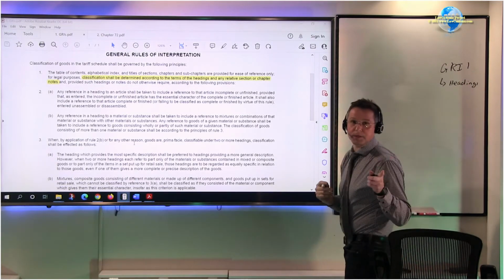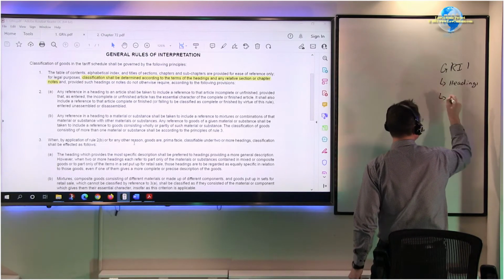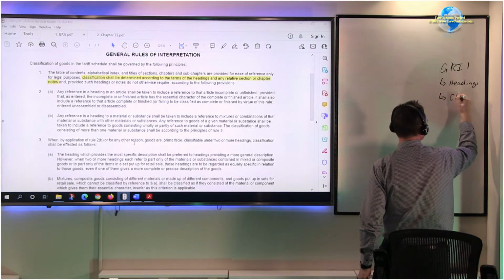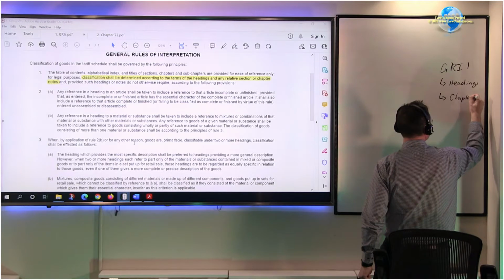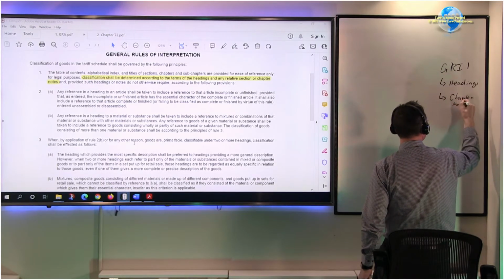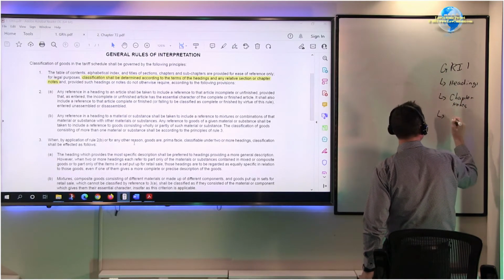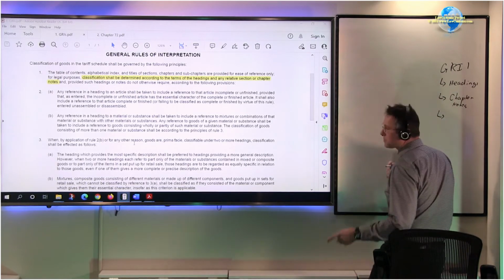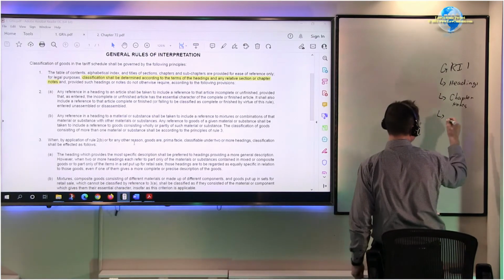Then if that doesn't get resolved, you go to the chapter notes. And then if that doesn't get resolved at the chapter level, you go to the section notes.